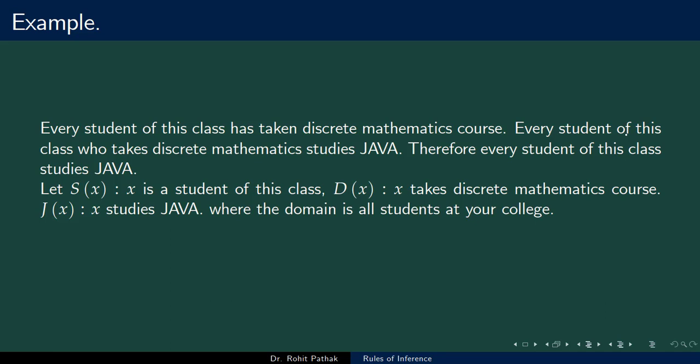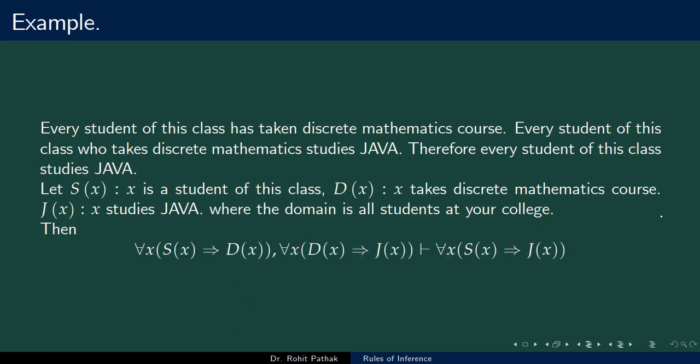Then, where the domain is all students at your college, for all x, if x is a student of your class, then he takes discrete mathematics. And for all x, if x takes discrete mathematics, then he studies Java. This implies that for all x, if x is a student of your class, then he or she studies Java.